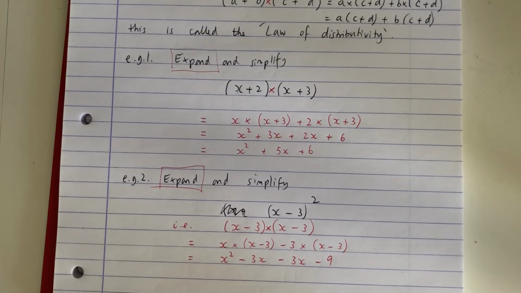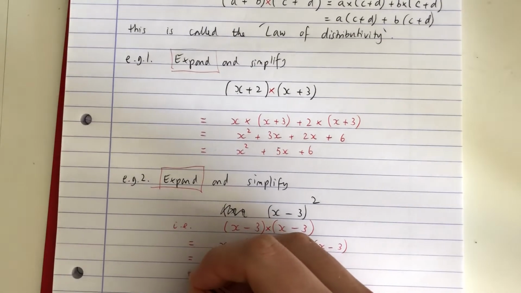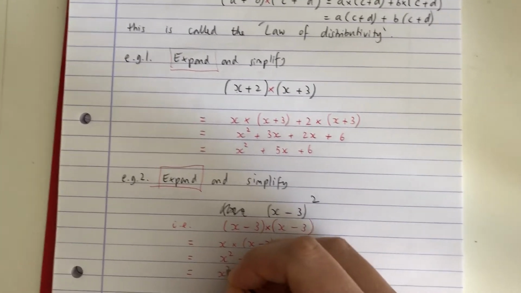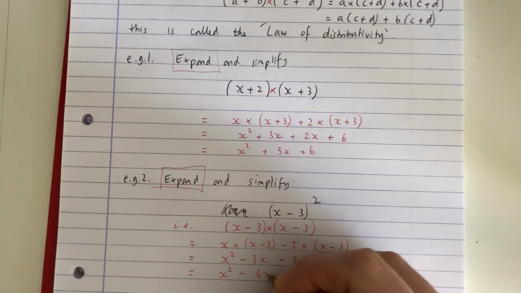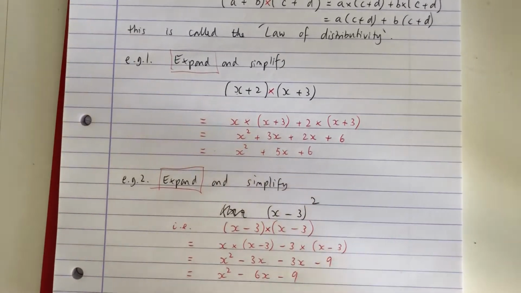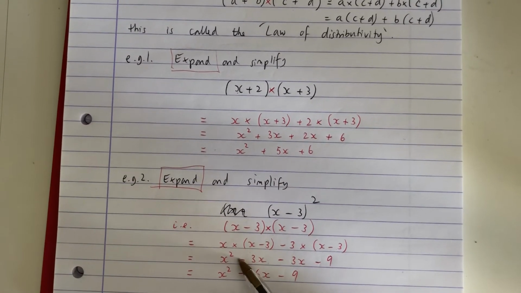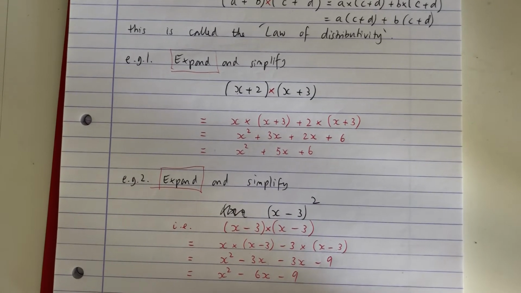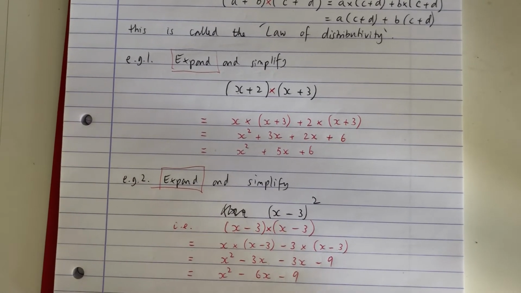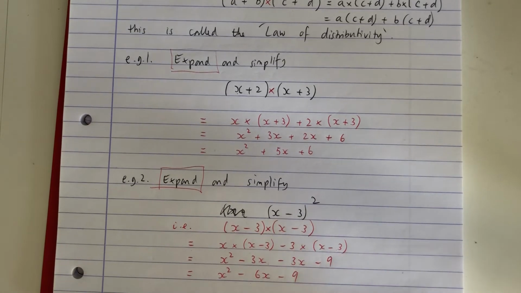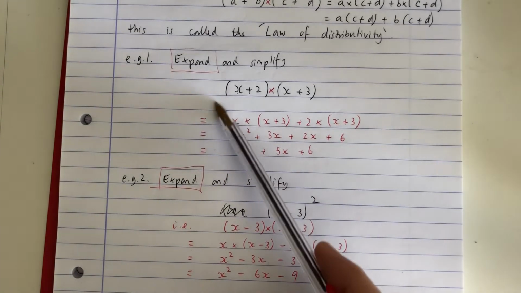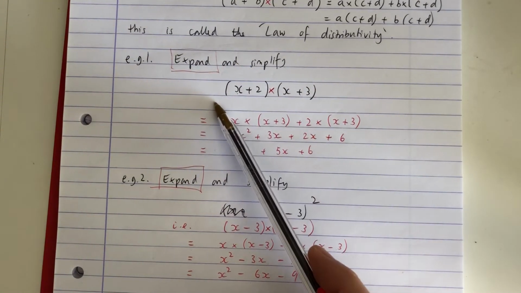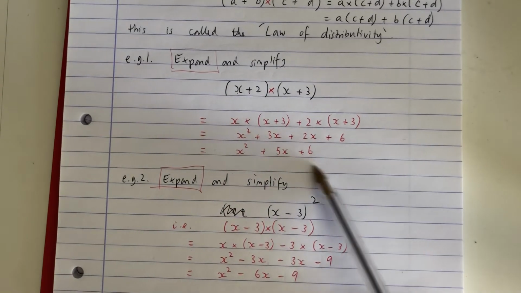All you need to do now is simplify your answer. So x squared subtract 6x subtract 9. Because negative 3 subtract 3 gets you down to negative 6. Now, in a future lesson, you'll be taught a shortcut to go from the expansion at the start to the final answer.